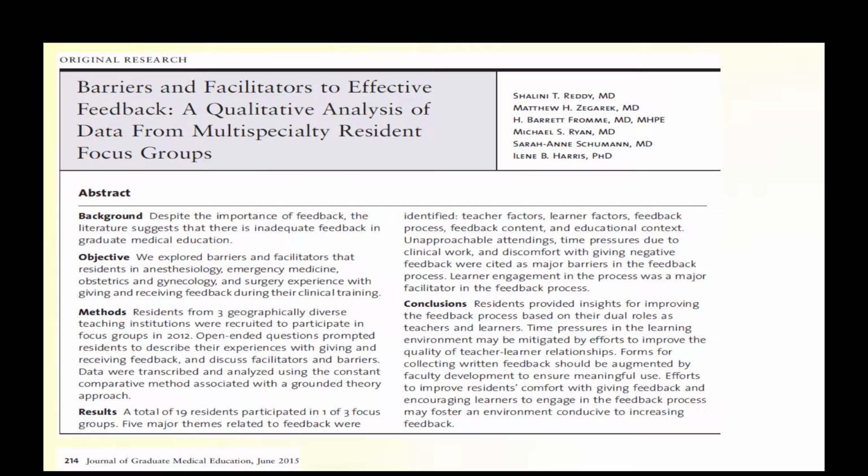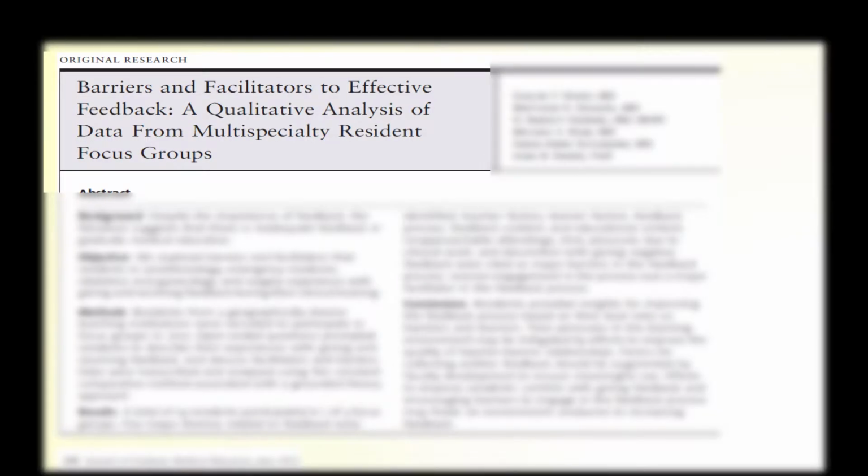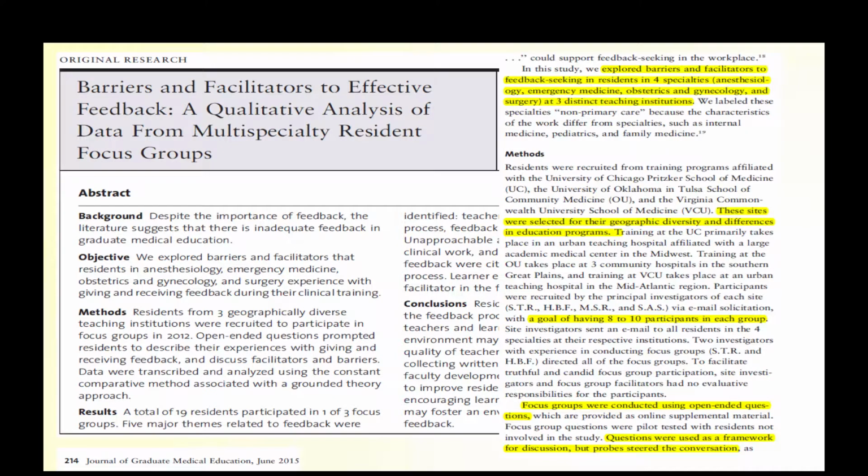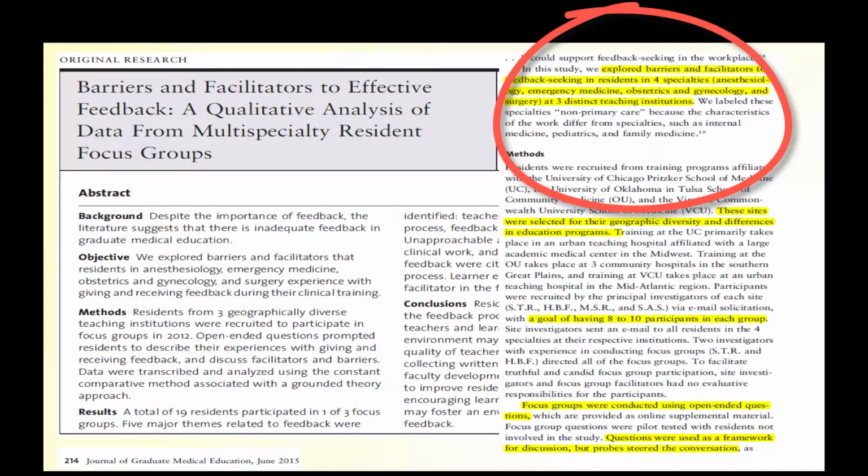Here's an example from the Journal of Graduate Medical Education in 2015, looking at barriers and facilitators to effective feedback, a qualitative analysis of data from multi-specialty resident focus groups. As part of how they collected this data, they looked at the barriers and facilitators to feedback seeking in residents, polling 4 different specialties at 3 different teaching institutions.